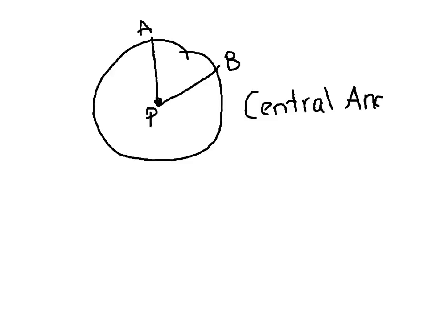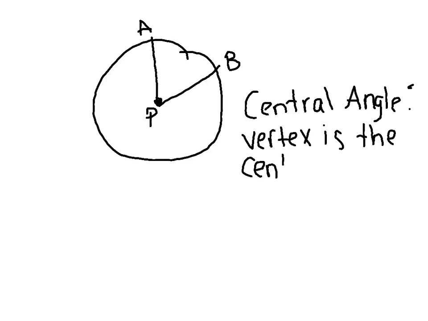The next thing I want to talk about is the central angle. I briefly touched on that, but a central angle means that it has a center. The vertex is at the center. So if this was center P, and this is B, and this is A. Okay, so in a central angle the vertex is the center of the circle.